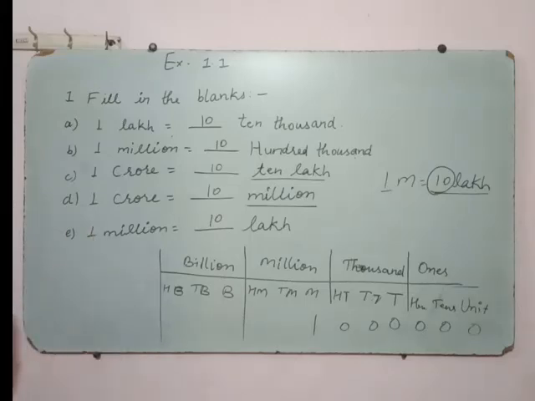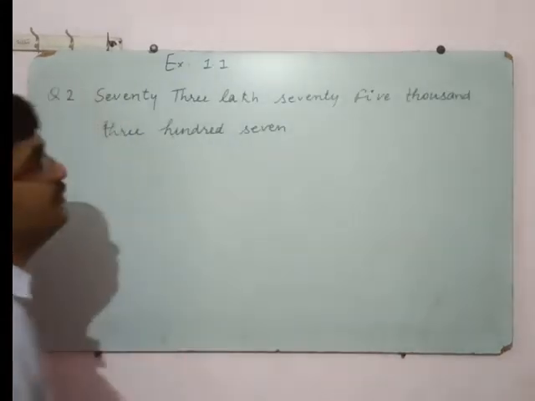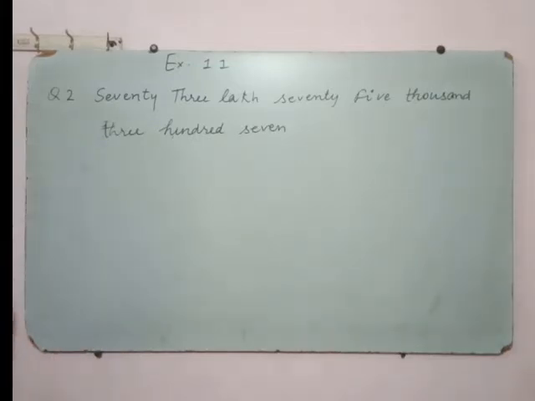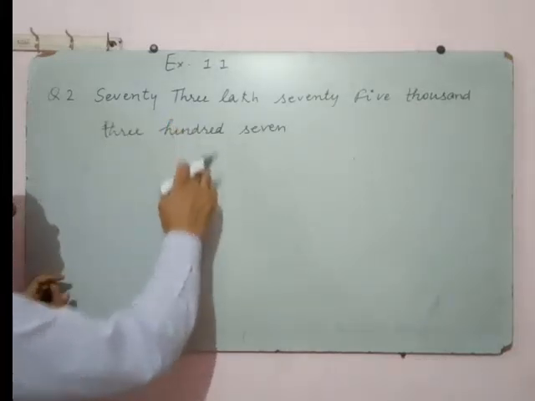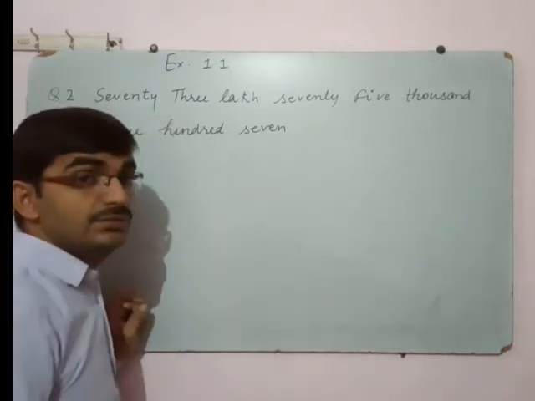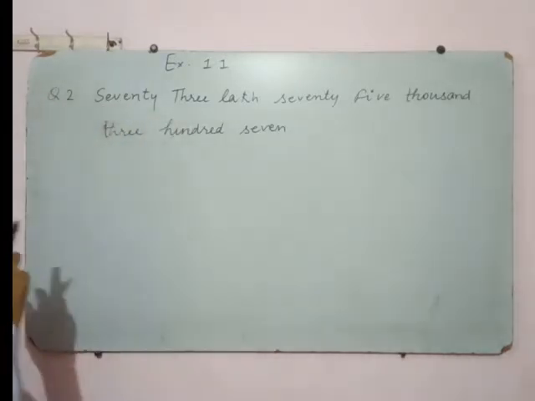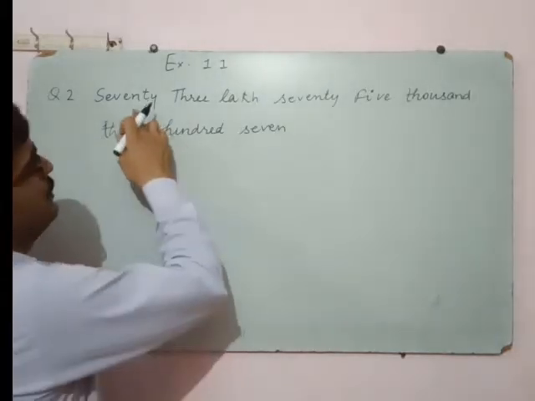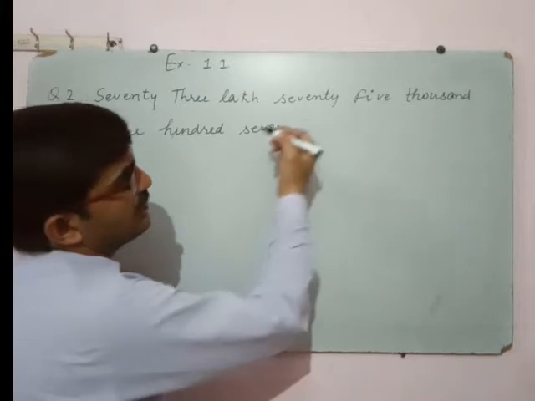Okay. Next question is, this is your statement. You have to first write this in numbers, and you have to put the commas at the appropriate or correct places. So 73 lakh. 73 lakh means this is our Indian system.